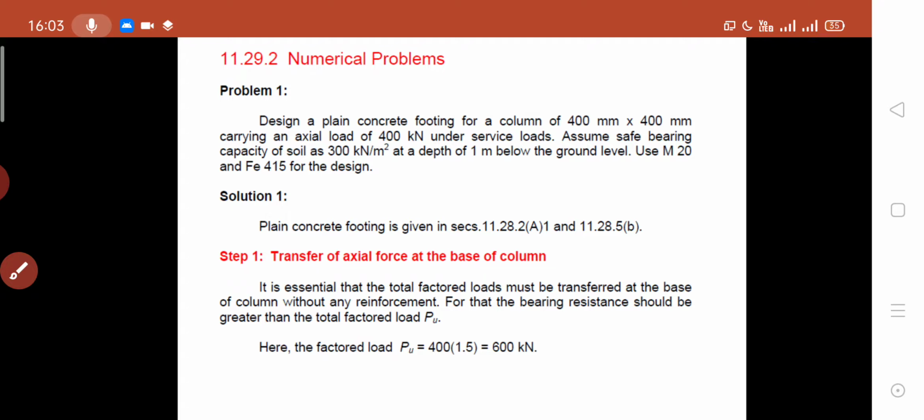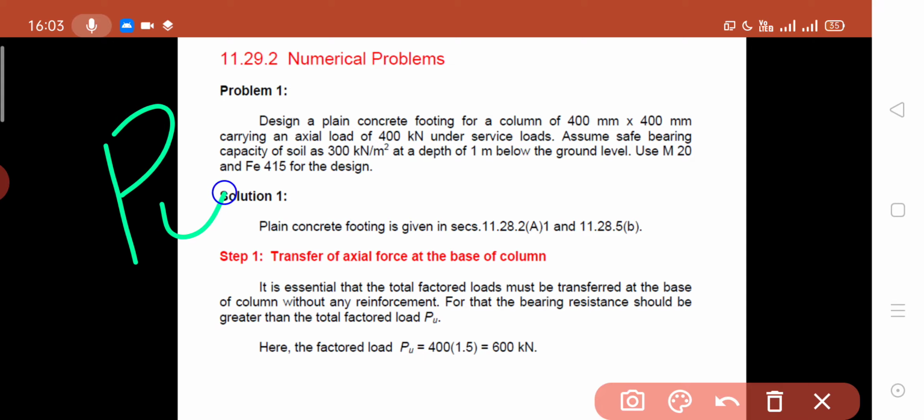First step is transfer of axial force at the base of column. It is essential that the total factored load must be transferred at the base of column without any reinforcement. For that, the bearing resistance should be greater than the total factored load Pu. First we find the factored load Pu.